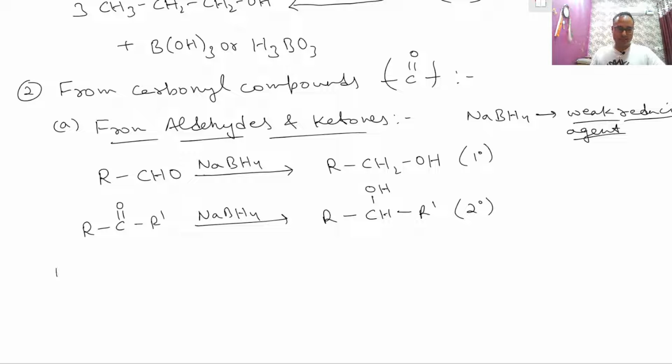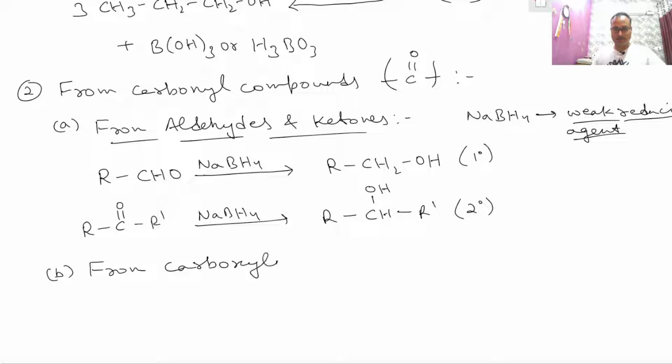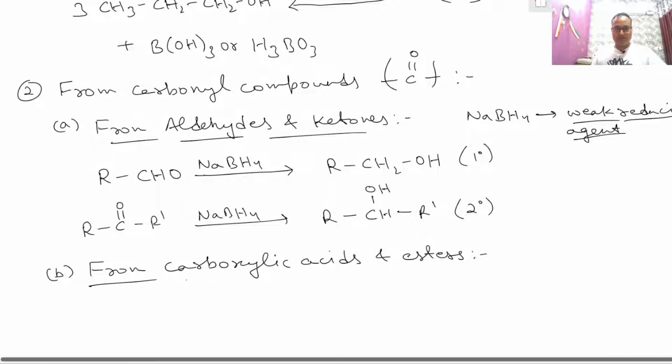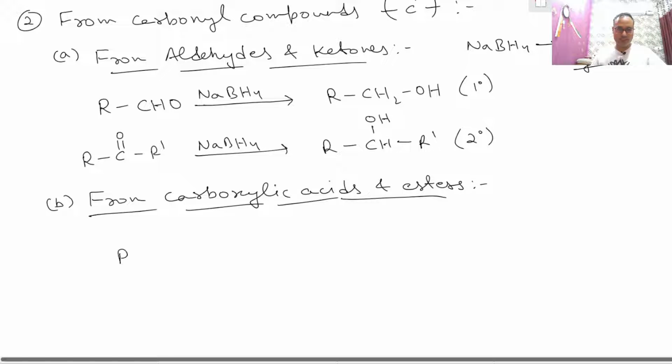Now the next method is from carboxylic acids and esters. So for carboxylic acid, we can write down the general formula as RC double bond O OH. This is the general formula of the carboxylic acid.